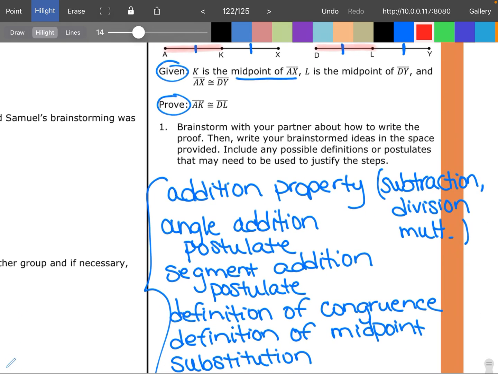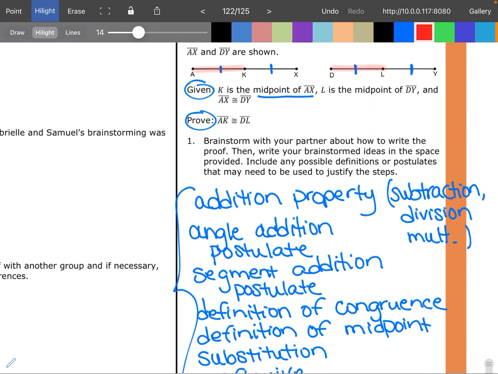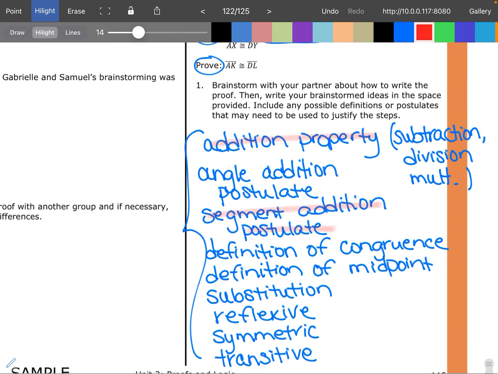And I would think if we're going through here, we might be using the segment addition postulate because we have a segment up there that's broken into two parts. We will probably use addition somehow in there. If we're using the segment addition postulate, there's possibility that there's addition in there as well.